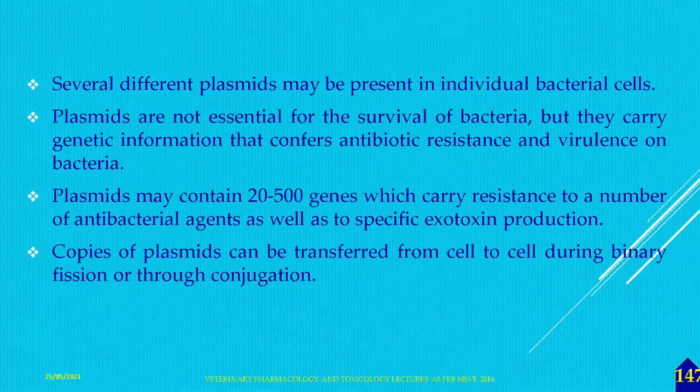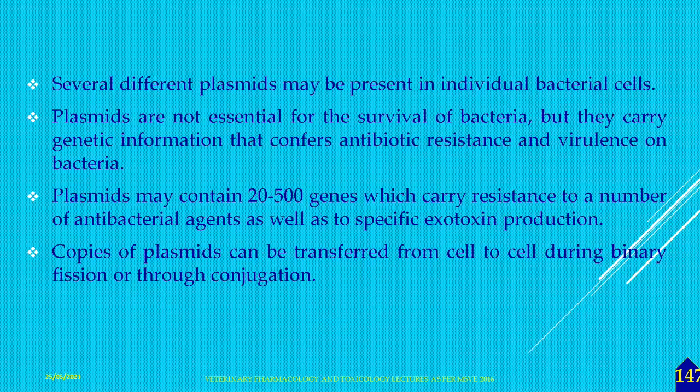Several different plasmids may be present in an individual bacterial cell, and plasmids are not essential for the survival of the bacteria, just like the appendix in human beings, not serving any purpose. But they carry genetic information that confers antibiotic resistance and virulence of the bacteria.